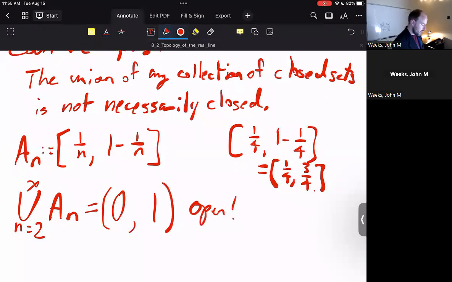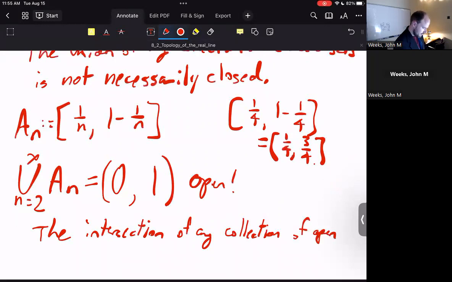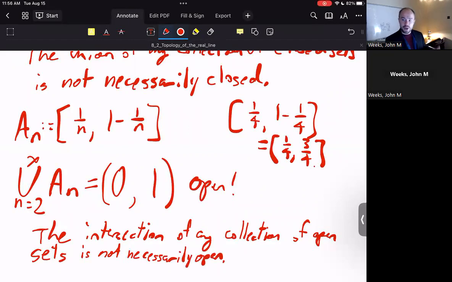The similar thing can be shown for the intersection of any collection of open sets. And we can see that this one is not necessarily open. You might already know that this is true because you could just apply De Morgan's laws to the example that we just did here and realize that this is just the opposite statement.